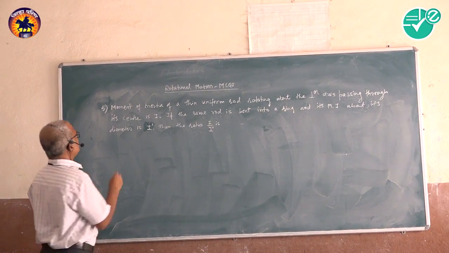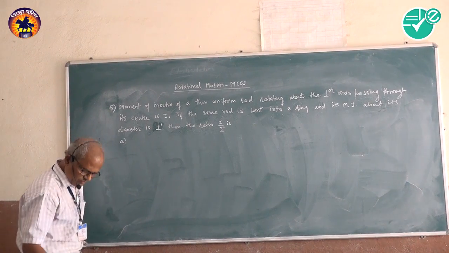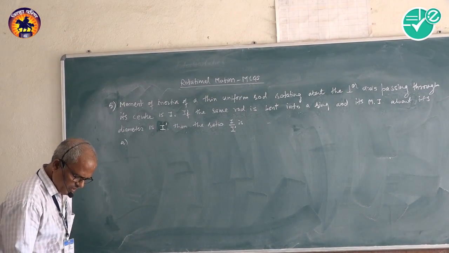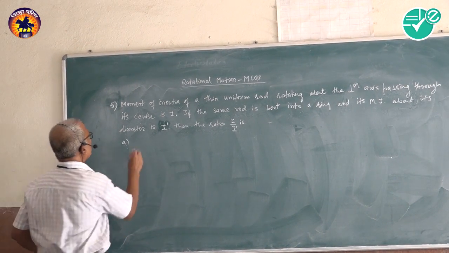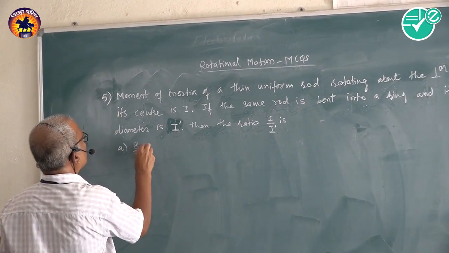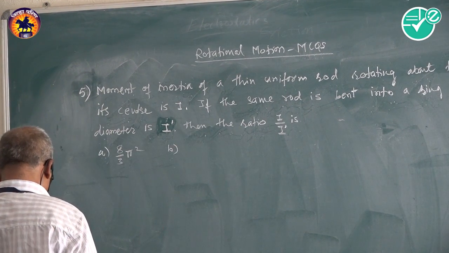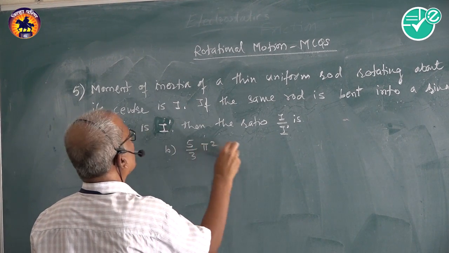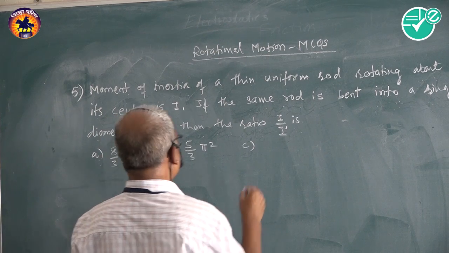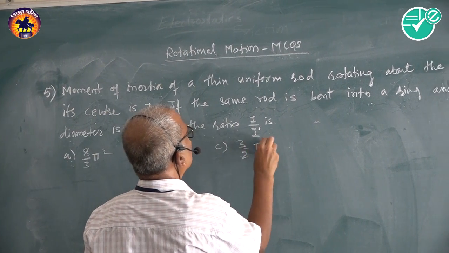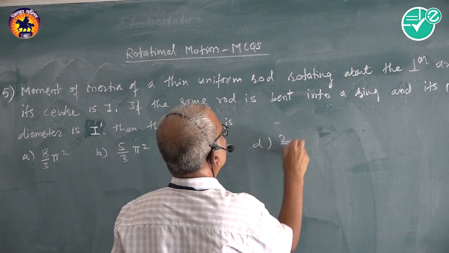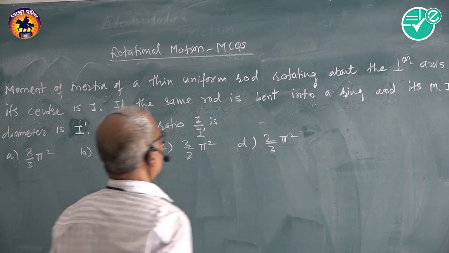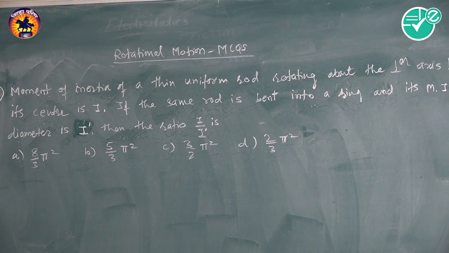Now, initially we write the options, that is 8 by 3 pi square, 8 by 3 pi square. Second option 5 by 3 pi square. Third option 3 by 2 pi square, and this is 2 by 3 pi square. So these are the options.